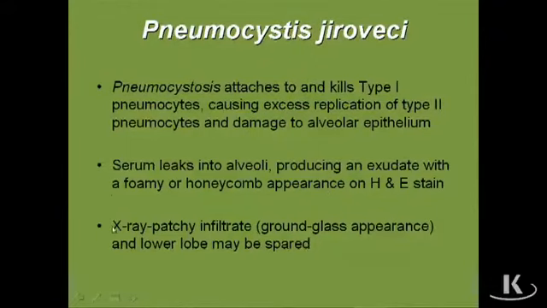Or on your x-ray, you get what's called a ground glass appearance. They may mention that in there. They may ask you specifically about that, but most of the time with a lot of the opportunistic infections, they're going to ask you about the diagnosis in somebody that's immune compromised.